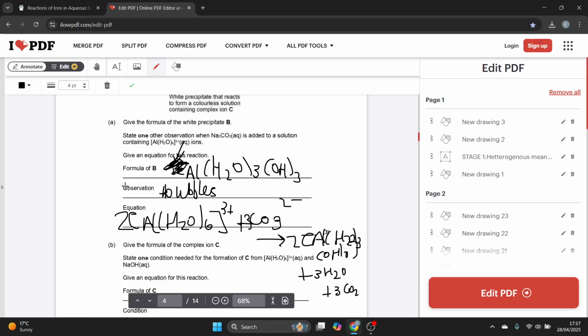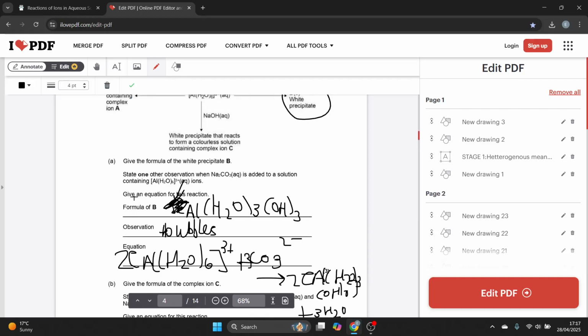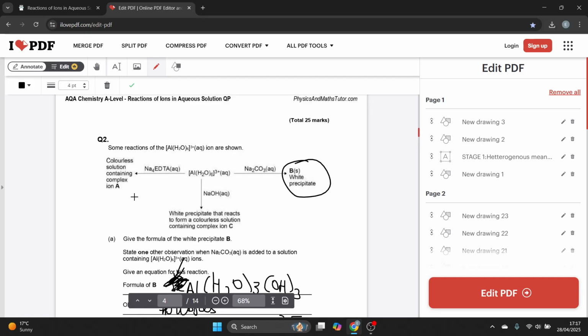Then it says, give the formula of the complex ion C. Well, C is when this reacts with hydroxide ions.